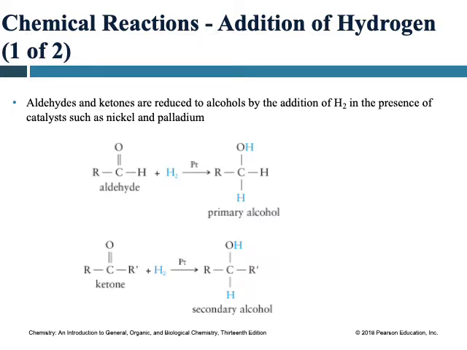Okay, so now on this slide we're going to talk about one more chemical reaction given out by aldehyde and ketone, which is addition of hydrogen. If you remember from the previous chapter, I told you whenever you add any hydrogen to the compound, that means we are doing a reduction reaction.